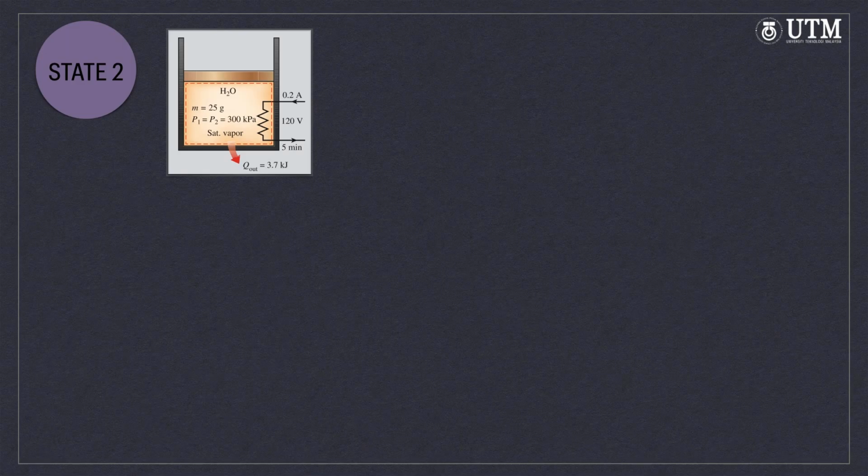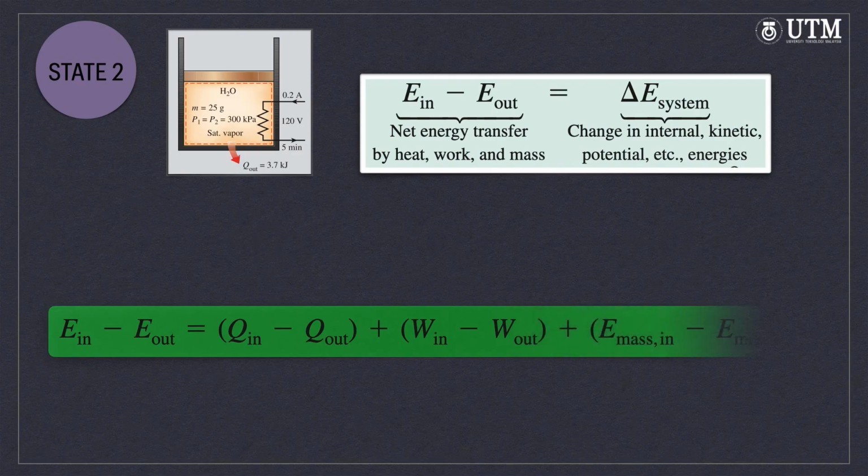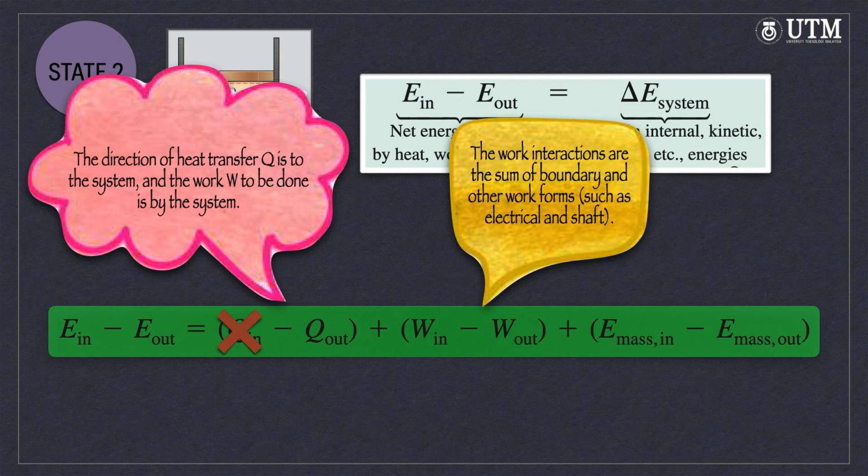From the information given, we can determine the specific enthalpy directly from the energy balance equation for a closed system undergoing a quasi-equilibrium constant pressure process. The heat transfer is directed to the system, and the work is done by the system. The work interactions are the sum of boundary and other work forms such as electrical and shaft.